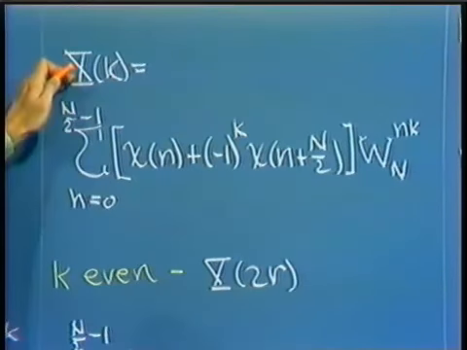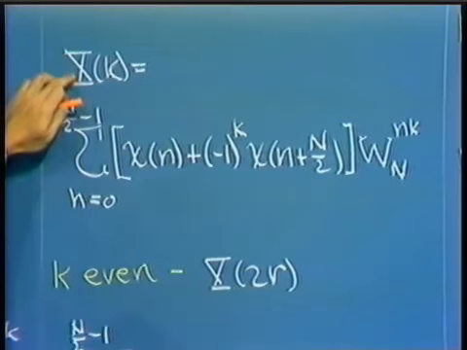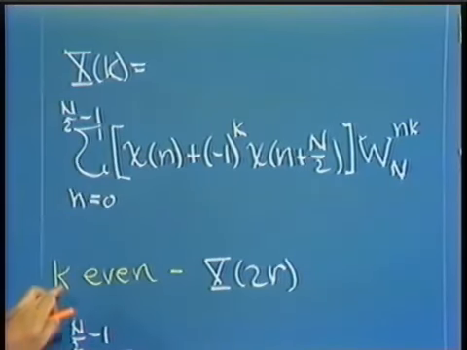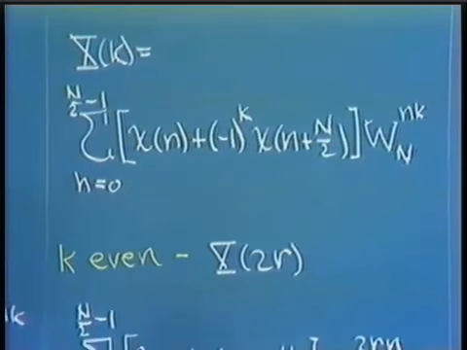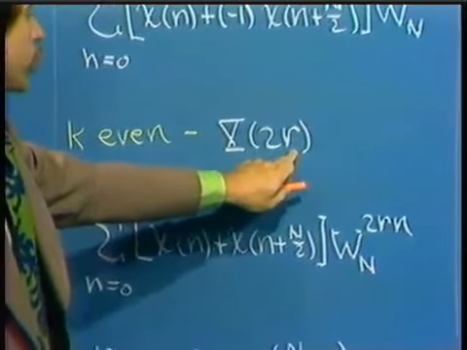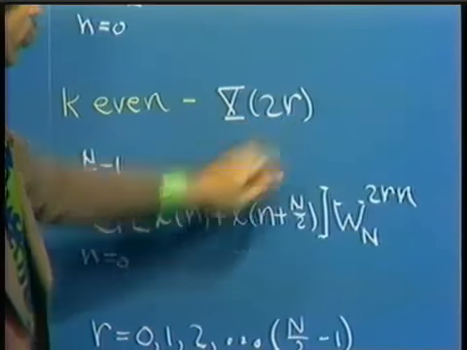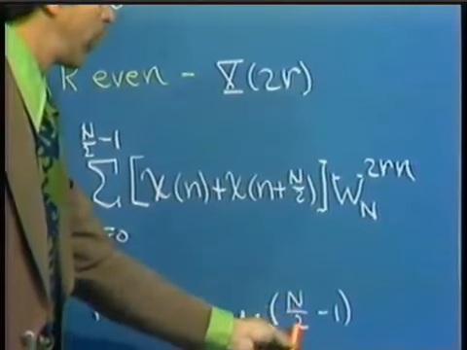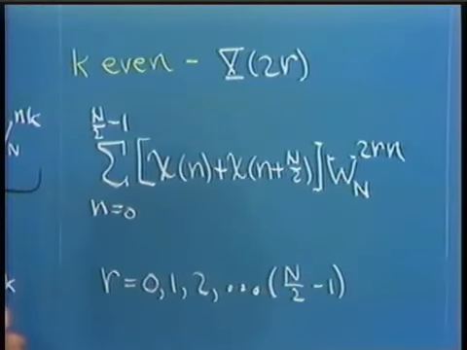However, let's look at these DFT points for two separate cases, one being that for which the output index is even, and the second for which the output index is odd. If the output index is even, then we can think of that as indexing through the DFT points with an argument of 2r, where r ranges from 0 to N over 2 minus 1. And we then have this sum.